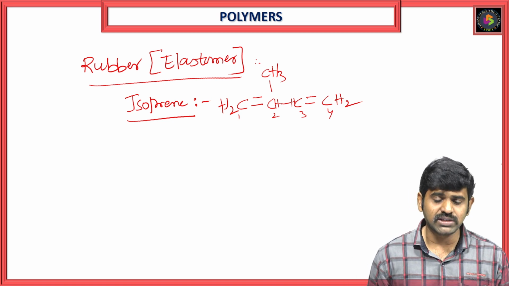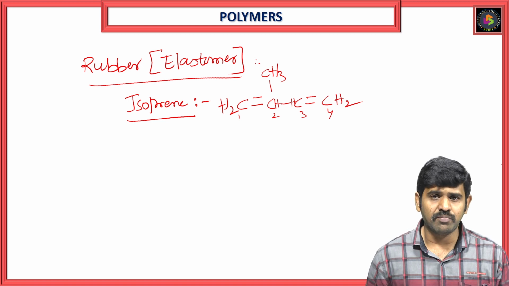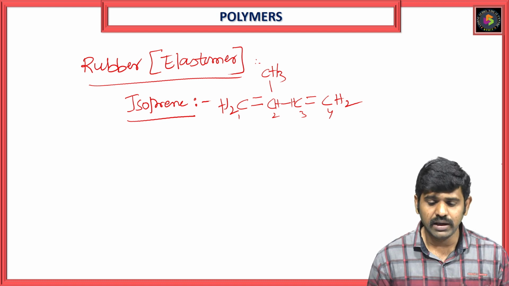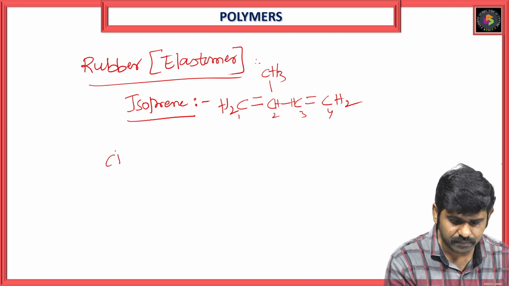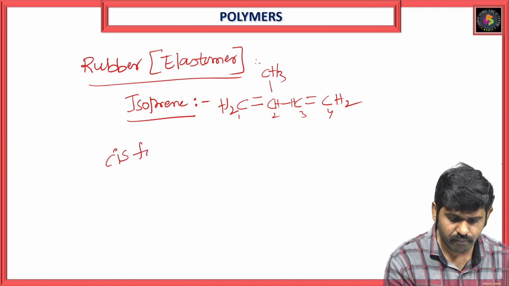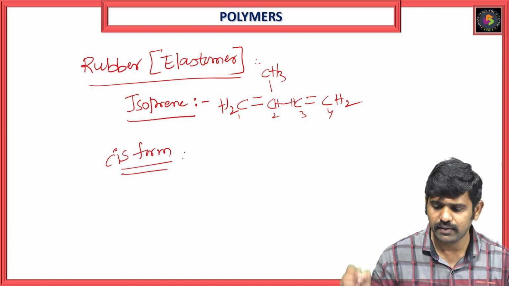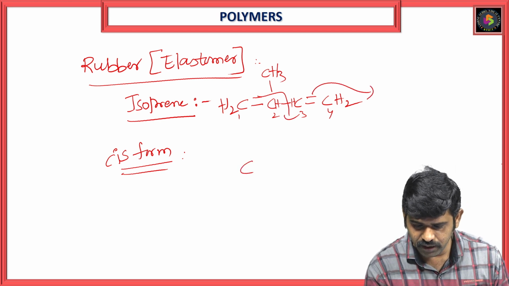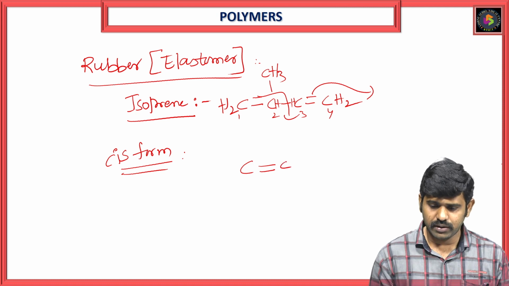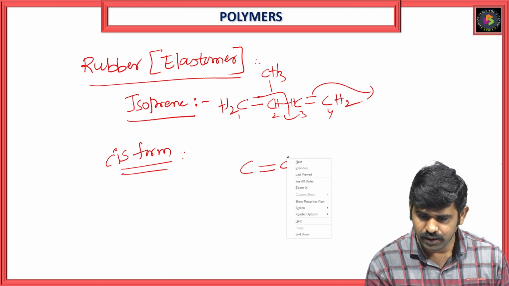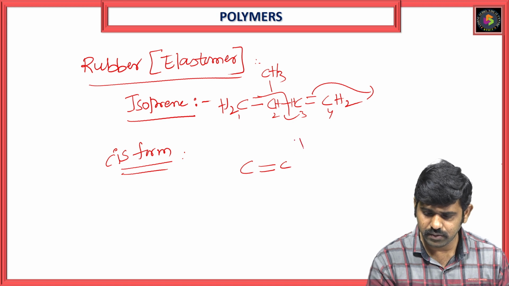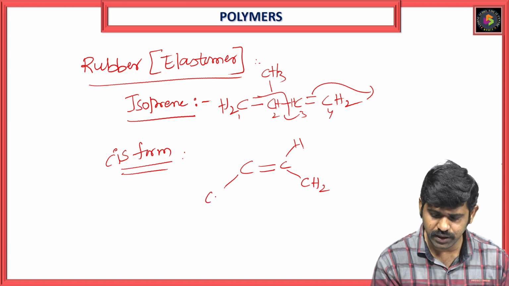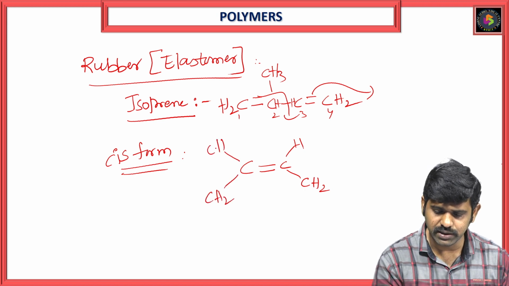But X-ray diffraction studies have shown that in natural rubber, these isoprene units are mainly arranged in cis form. I am writing here the cis form: a double bond between carbon and carbon, with H, H, H, CH2, CH2 and CH3 on the same side.